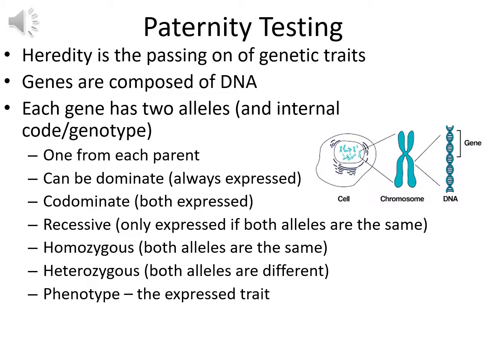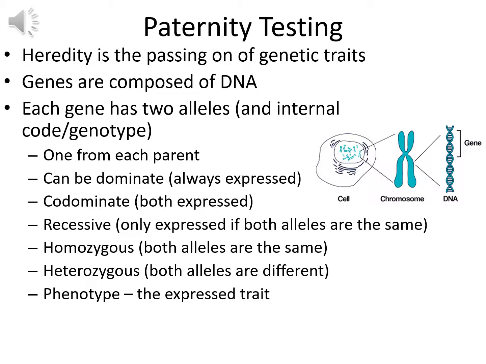So type A or type B blood can be homozygous, where you have both A alleles or both B alleles, or it could be heterozygous, where you have an A allele in the type A case and an O, a recessive trait allele, or for the type B case, you have a type B allele and a type O allele.